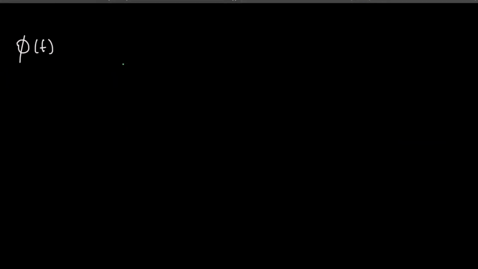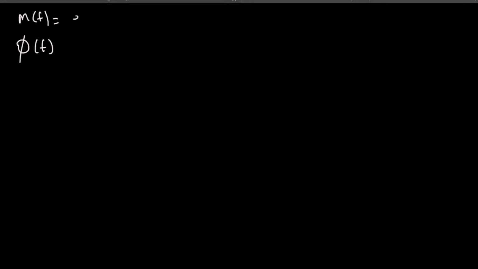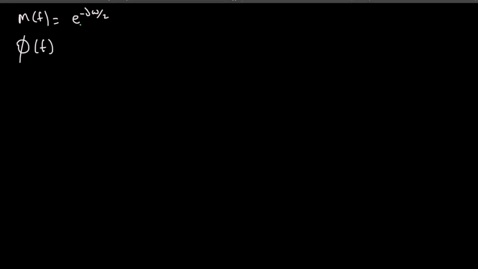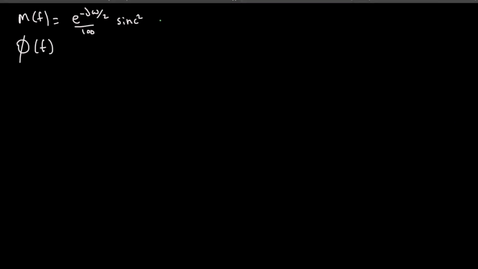Let's note that one down as well. So M of f is e power minus j omega by 2, j omega by 2, and then that divided by 100 sin square f over 100.